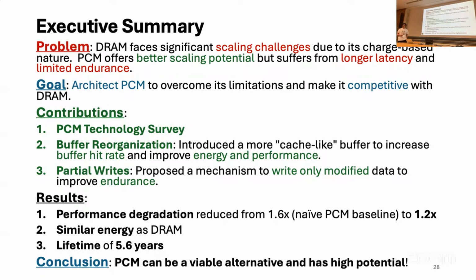And for that, the main contributions are a technology survey, which enables future studies as well, where they derive a model for PCM, and they demonstrate that you can close the gap between PCM and DRAM with quite simple area-neutral solutions. And in conclusion, phase change memory can be a viable alternative, and we really have a high potential due to its expected scalability.